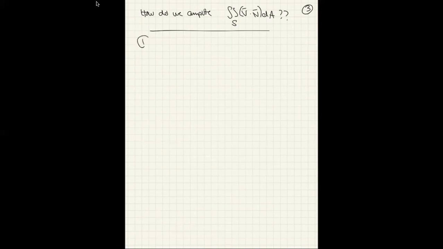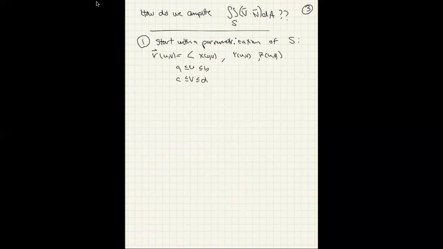So the very first thing you'll always want is to start with a parameterization of the surface S. So that's an R of u comma v, which has 3 components, x, y, z, and each of those are functions of u and v. And then, your u will probably go from a to b, and your v will go from c to d. Typically one of these is 0 to 2 pi, as you've probably had enough practice with by now.